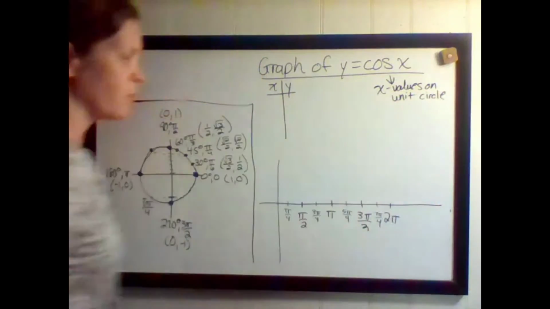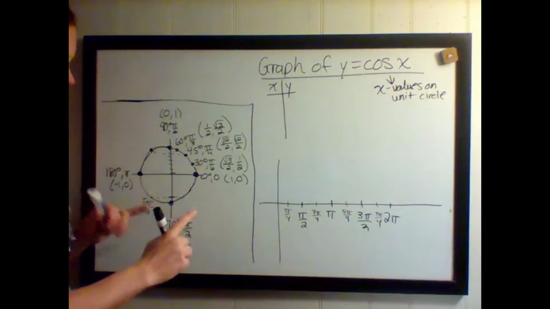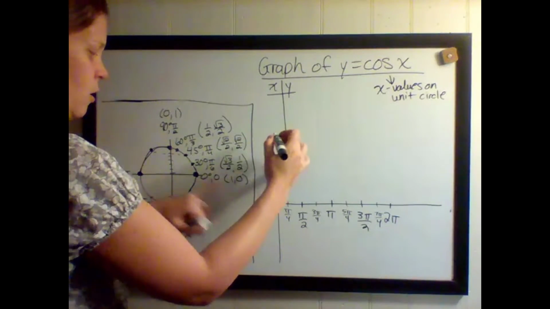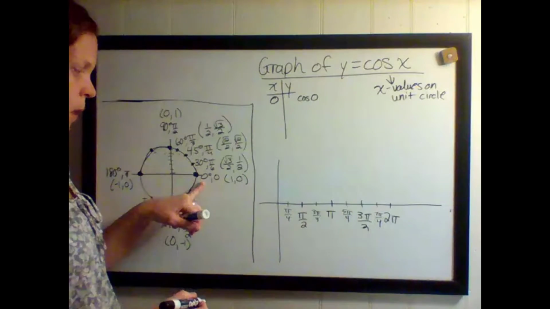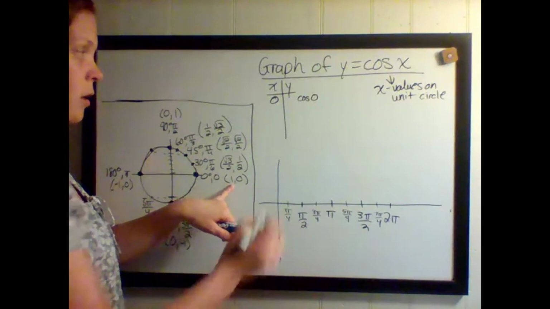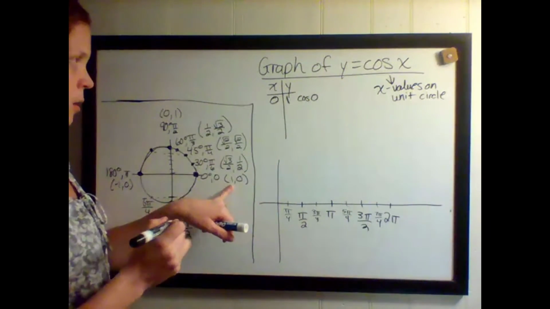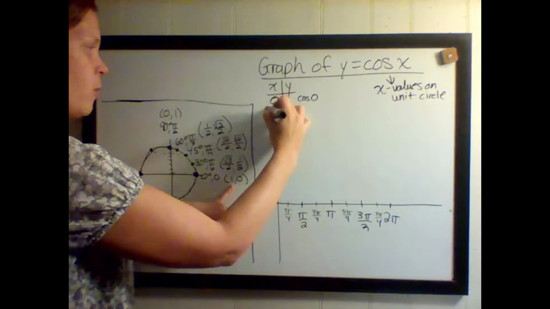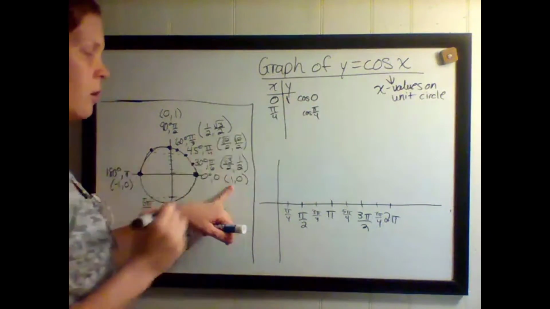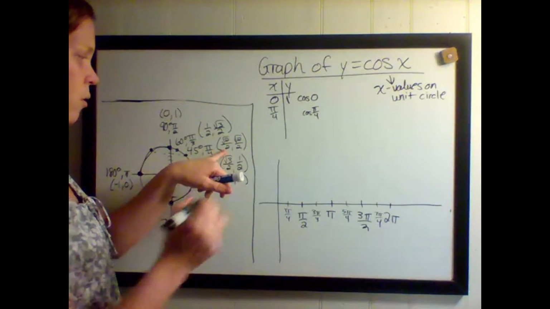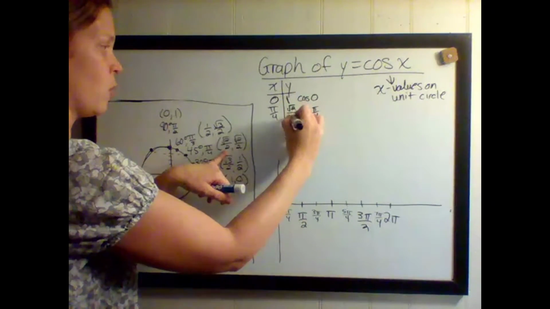As we're looking around the unit circle, we'll start with 0 radians. Cosine of 0, we're looking at the x value, 1. Or how about pi over 4? Cosine of pi over 4, cosine of 45 degrees, is square root of 2 over 2, or 0.707.